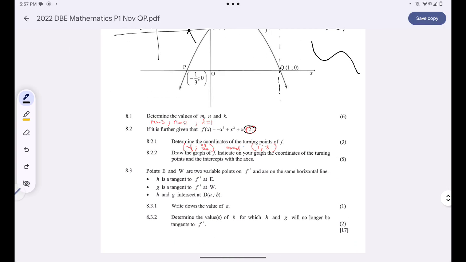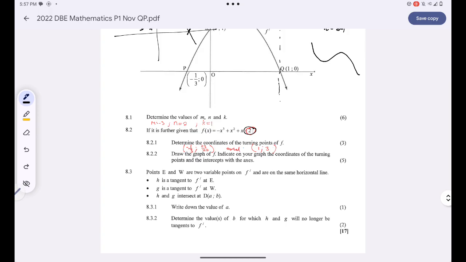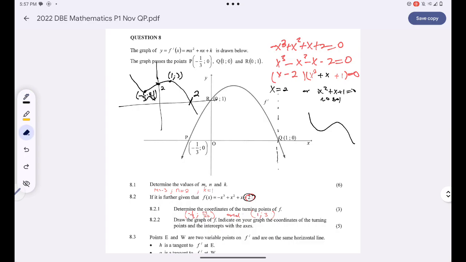Okay, and then now I'm told that points E and W are two variable points on f prime of x, and are on the same horizontal line. H is the tangent of f prime of x at point E. G is the tangent of f prime of x at point W. H and G intersect one another at point D. Okay, let us illustrate this information.